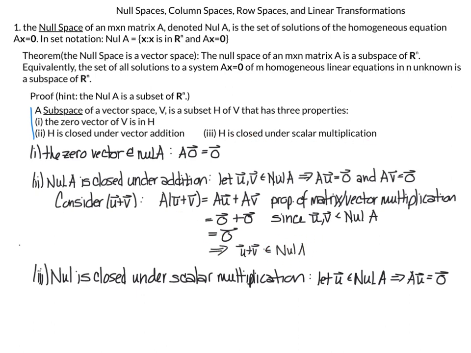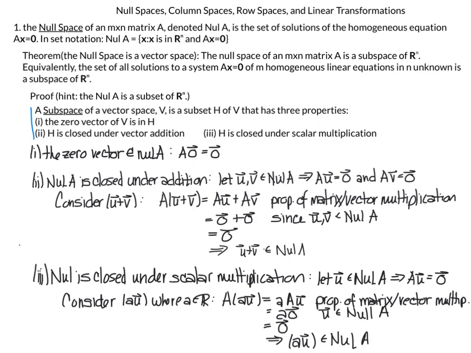This third condition, closed under scalar multiplication: we need to show the null space is closed under scalar multiplication. So again, we let u be in the null space of A, that is Au is equal to 0, and we consider what happens when we multiply u by a scalar. So here we have cu, where c is a real number. Then we look at the matrix A times the scalar cu.